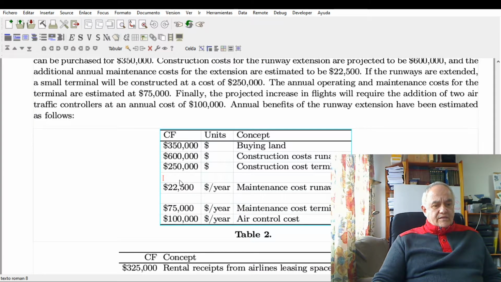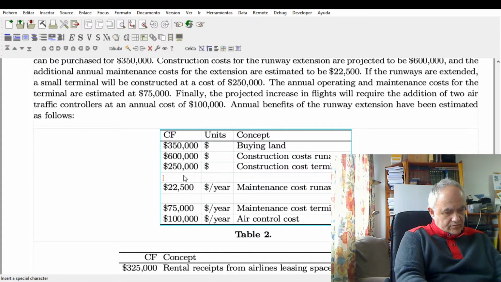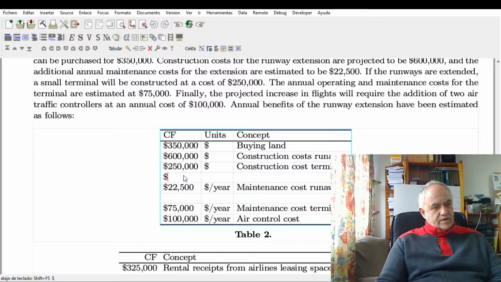And then we add this. This has a total value of 12, 12.